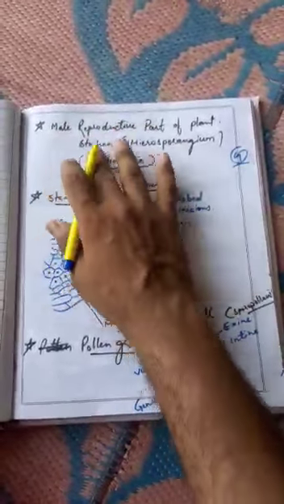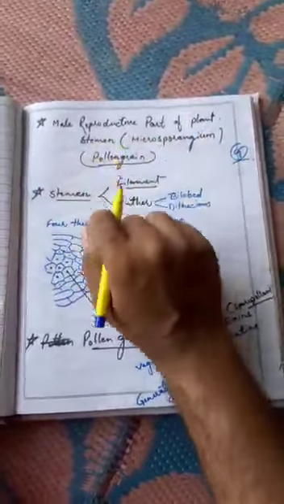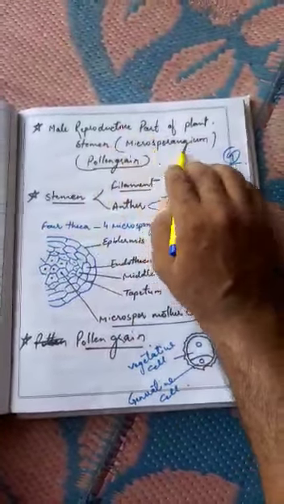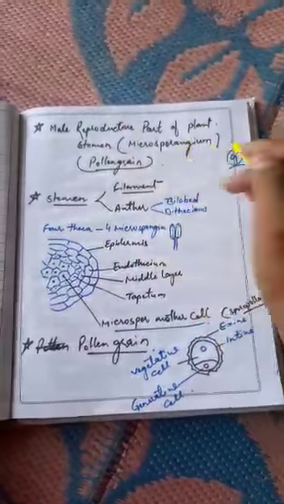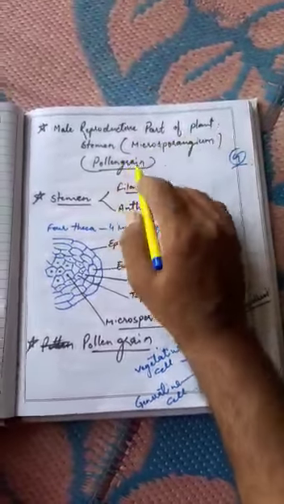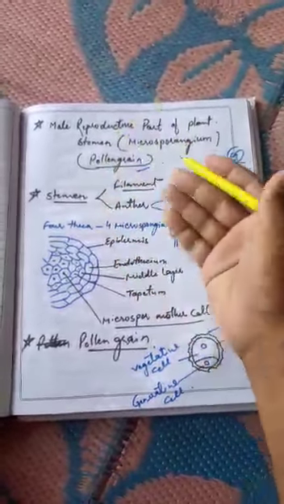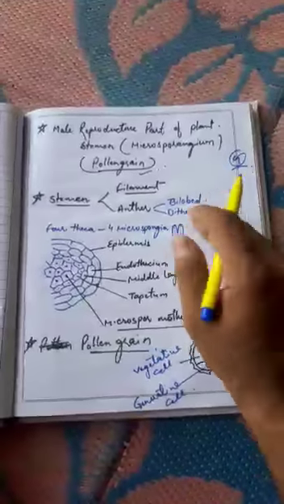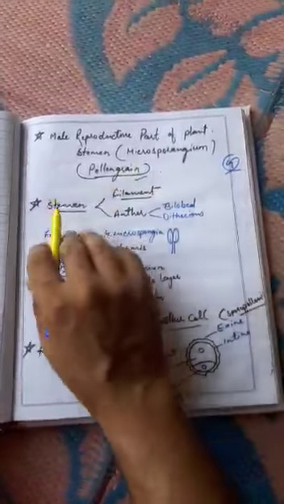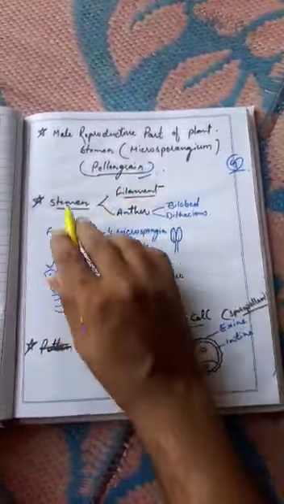Today we are going to talk about the male reproductive part of the plant, or stamen, which also converts into microsporangia afterwards, and microsporangia produce pollen grains. This whole structure we are going to talk about today. We are starting with the stamen.